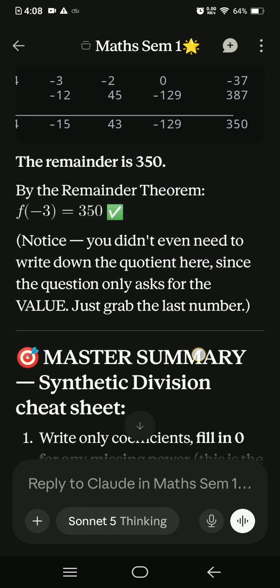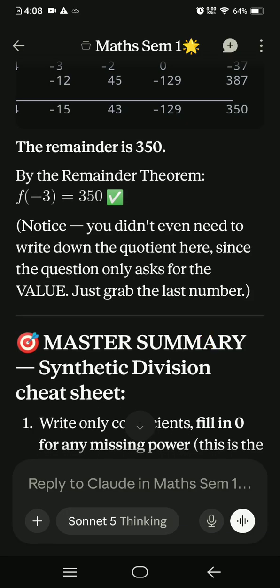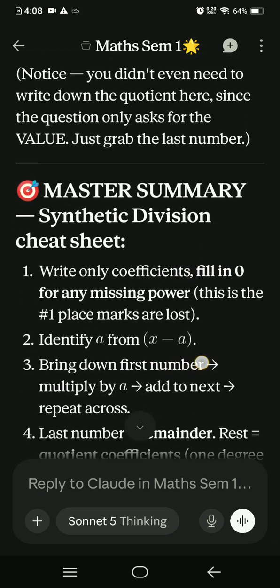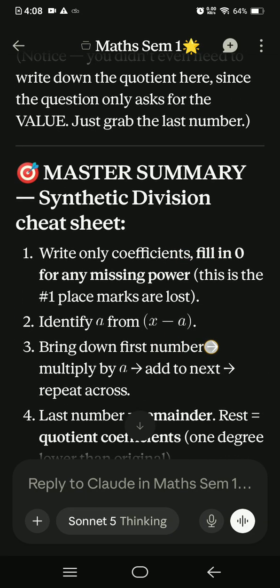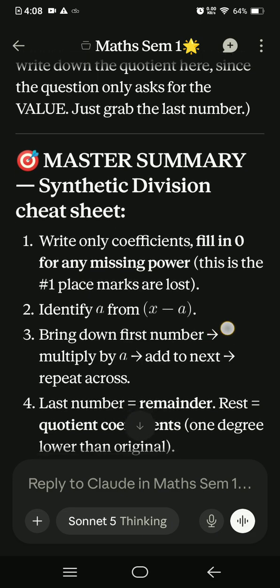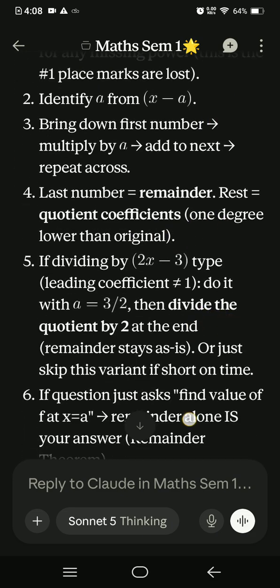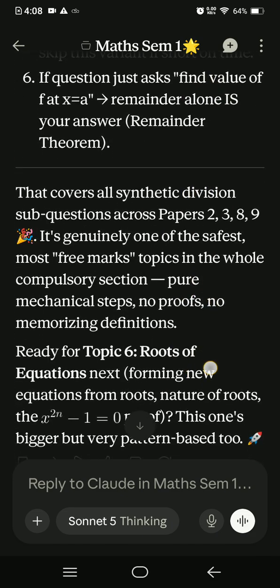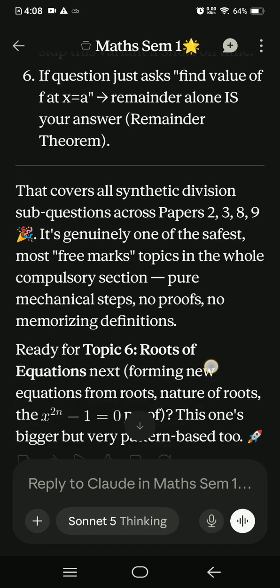Okay, so notice you didn't even need to write down the quotient here, since the question only asked for the value. Just grab the last number. Fine. So master summary, synthetic division cheat sheet: write only the coefficients. I don't want to read these rules again. That covers all synthetic division sub-questions across papers.